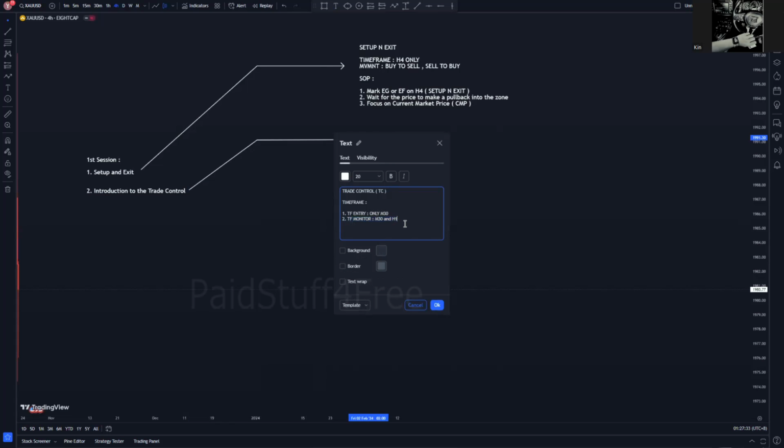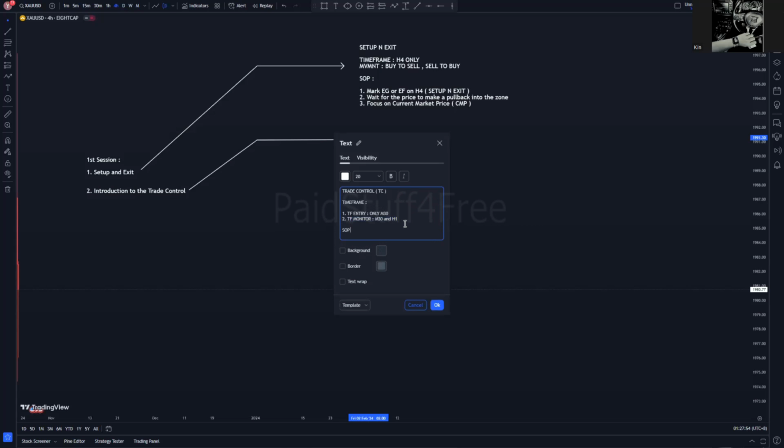Make sure you catch up with the schedule, it's going to be really helpful for you. In the first and second session, I'm just going to use M30, so strictly no H1.